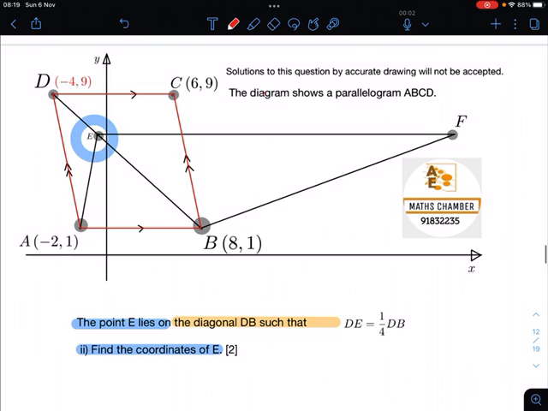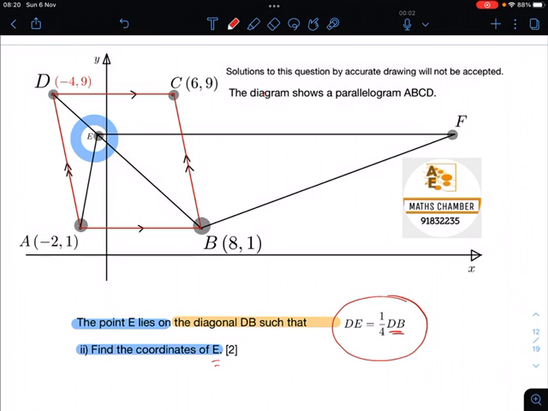Part 2: you are required to find the coordinates of E, given that point E lies on the diagonal DB such that DE is equal to 1/4 of DB. The hint here is that DB is cut into 4 equal parts.